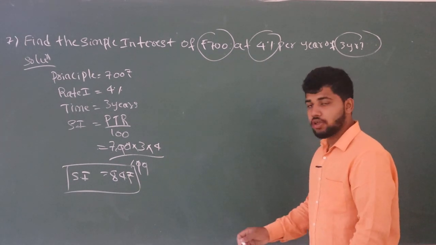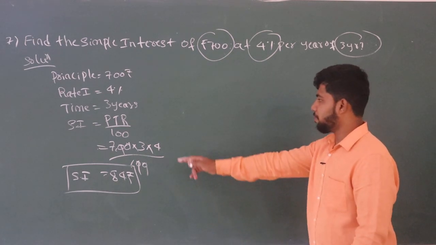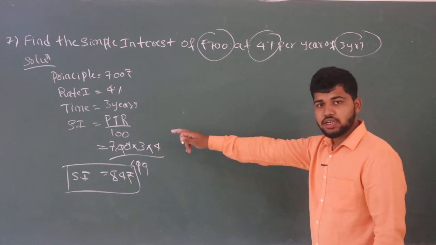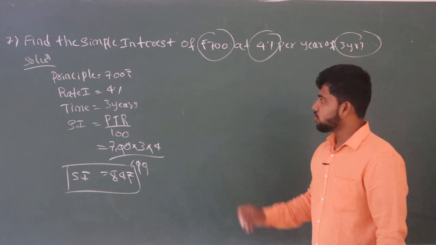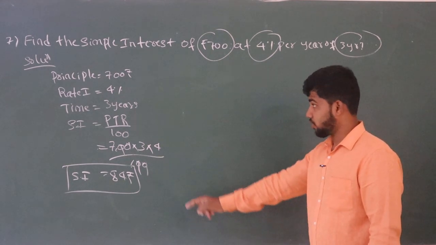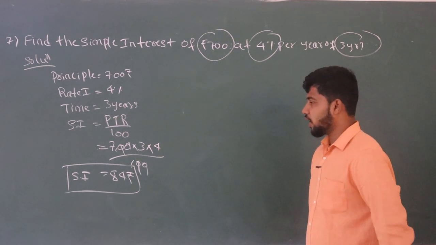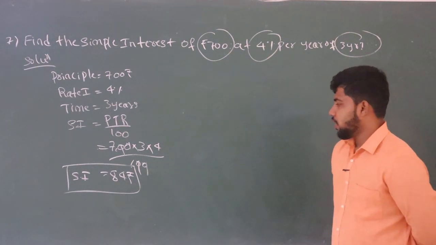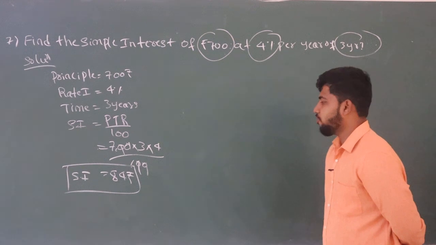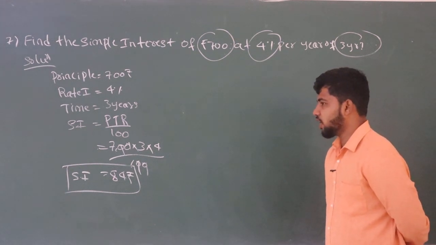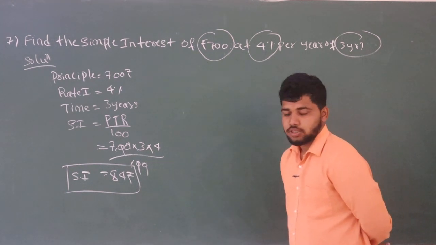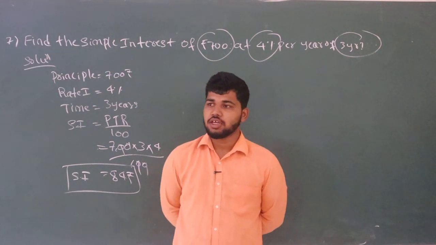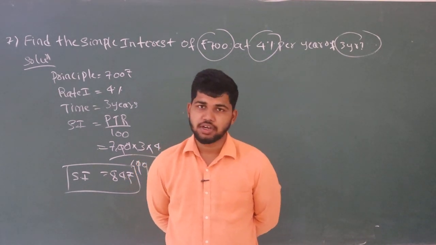Simple interest is equal to PTR by 100, where P is 700, T is 3 years, and rate of interest is 4%. Now if you make the calculation, you will get 84 rupees. That is the simple interest.